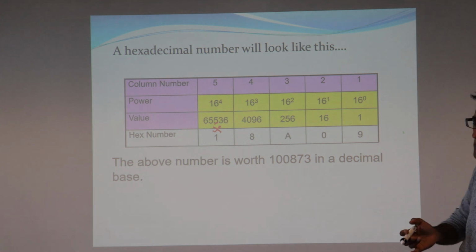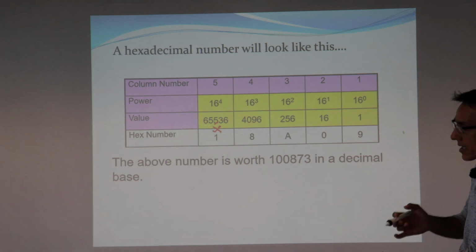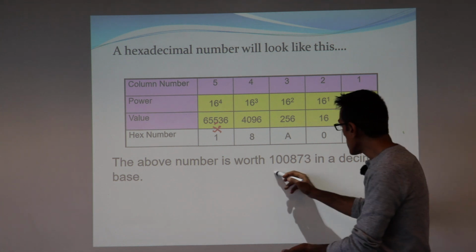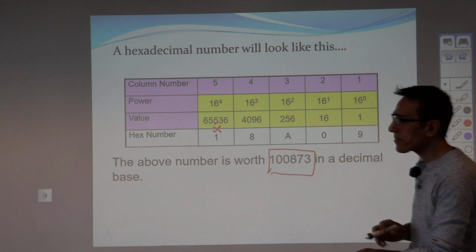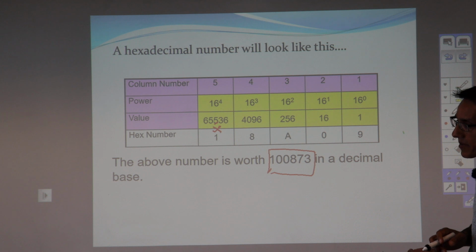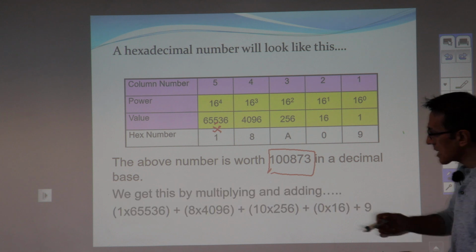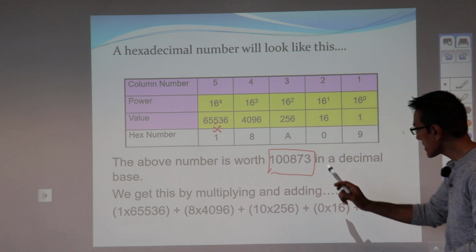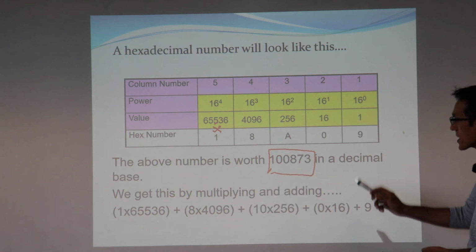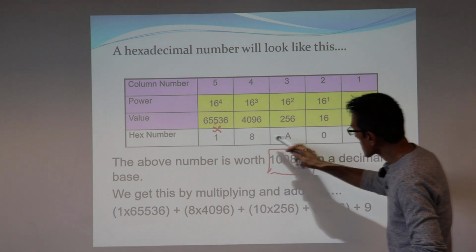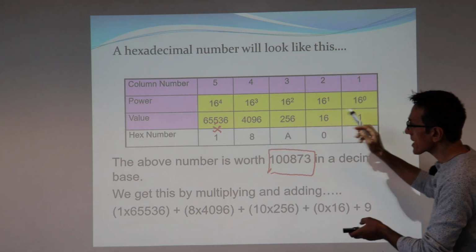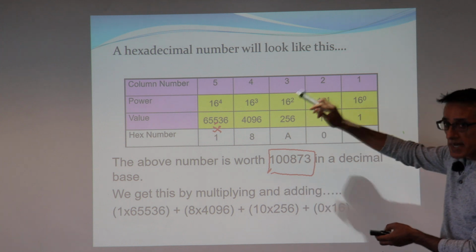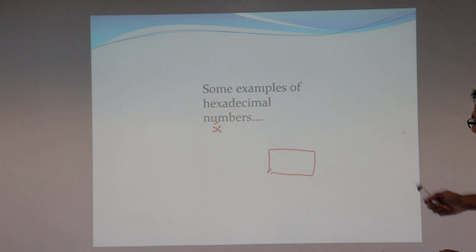You write that out as a big sum, add them all up, and we end up with the equivalent base 10 number. That's the hex digit multiplying the column base 10 value.